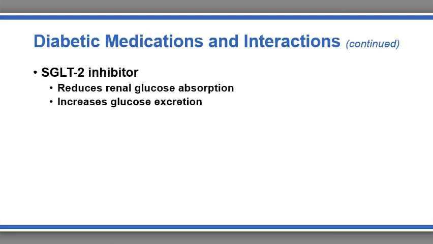Under normal circumstances in an individual, this would be one area where glucose gets reabsorbed through that glomerular filtrate back into the circulation. Your popular version of this is Jardiance. That's going to be the primary one that gets prescribed for this.